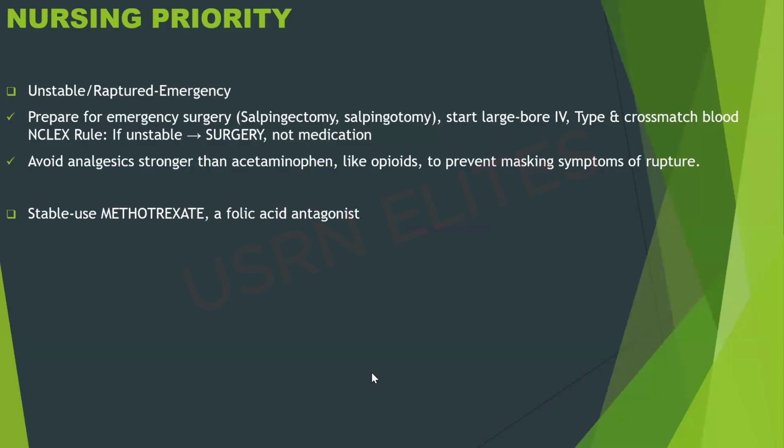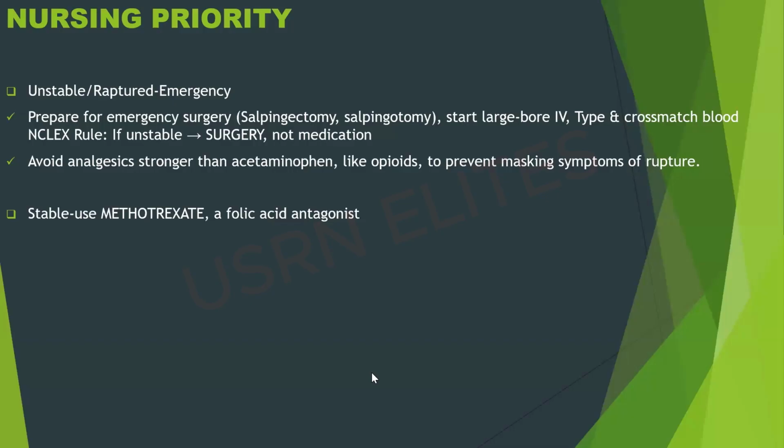Are you okay? Because an example is what? Opioids. We don't give opioids. Why? When there's a rupture, one thing that will indicate that there's a rupture is what? Sudden severe abdominal pain. But when you are giving opioids, it's going to mask this essential symptom that will help us to know that there is a rupture.